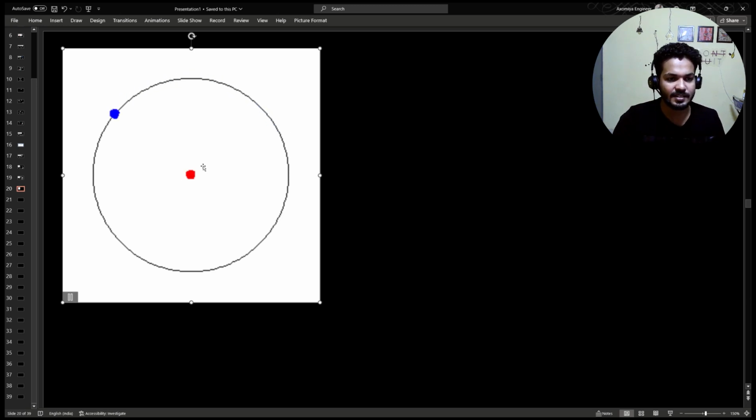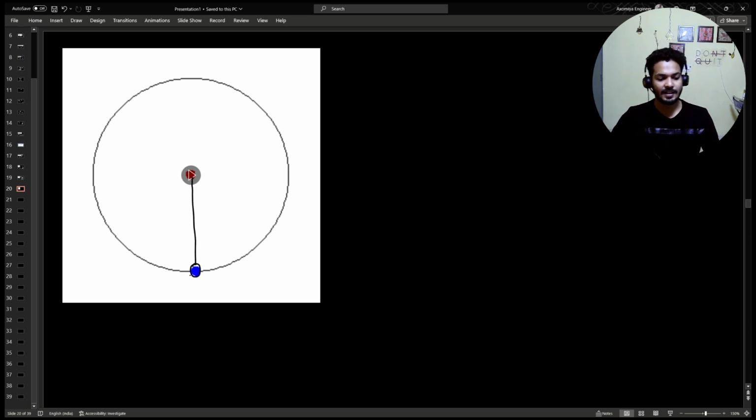For example, when the particle is at the bottommost point, obviously in the vertical plane this cannot happen without a string. So you have to understand this thing is actually attached to the center by a string right here. We are talking about this ball, and this ball is attached to the string.